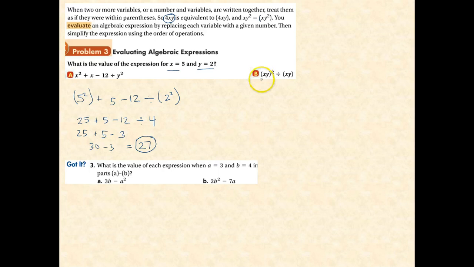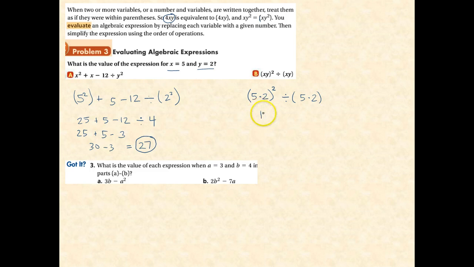Alright, so xy quantity squared. When you have x next to y, that means x times y. So this is going to be 5 times 2 squared divided by xy, where xy means x times y, so 5 times 2. Inside grouping symbols first.